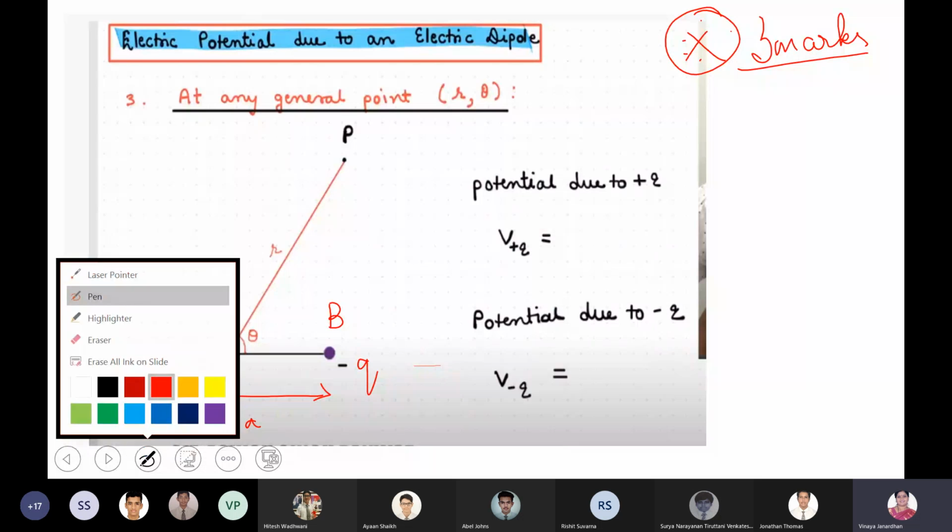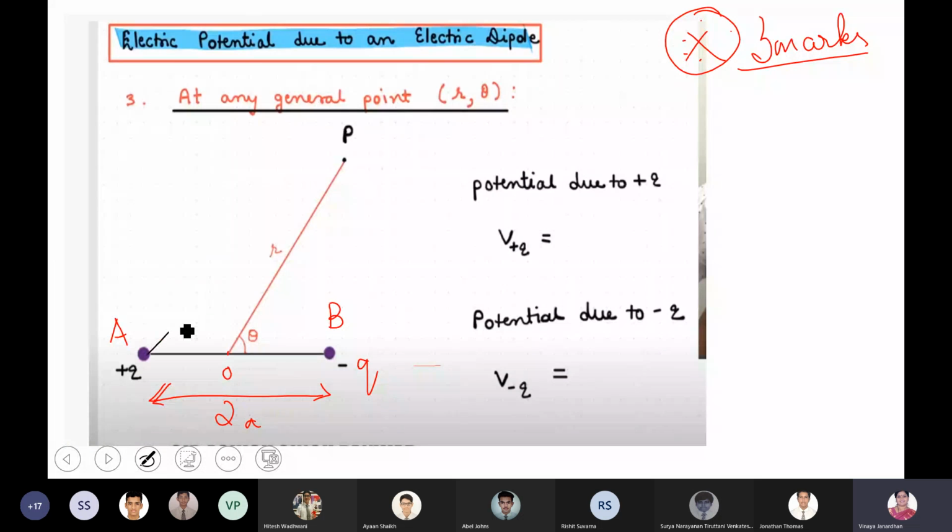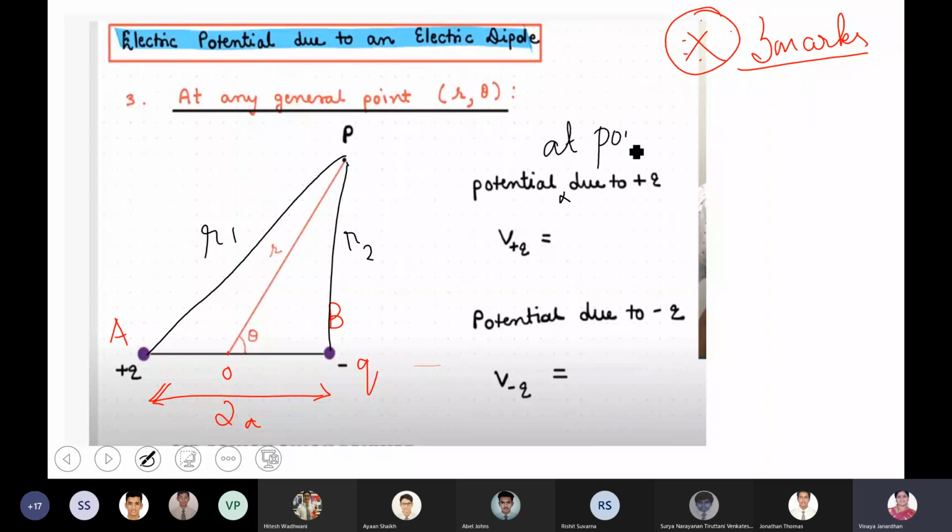Okay, now let us go for this, boys. A and B are at a distance of R1 and R2 from point P. Now you just tell me what will be the potential at point P. What should be the formula?